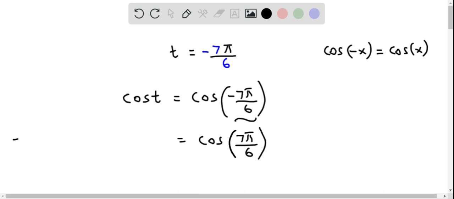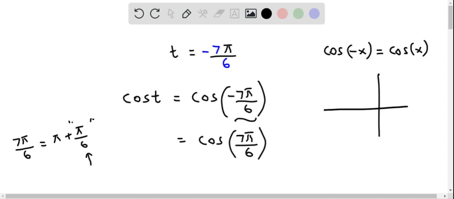Once again, we can rewrite this 7 pi over 6 as pi plus pi over 6. So this is basically the reference angle, pi over 6. And as we did for the sine of the angle, we can use the quadrant information, that is ASTC. Again, this lies in the third quadrant, where only the tangent ratio is positive.